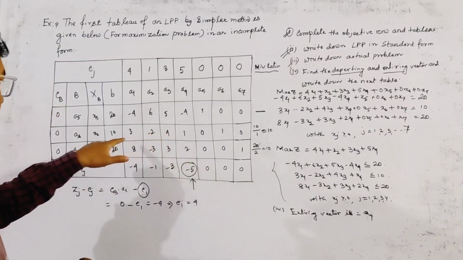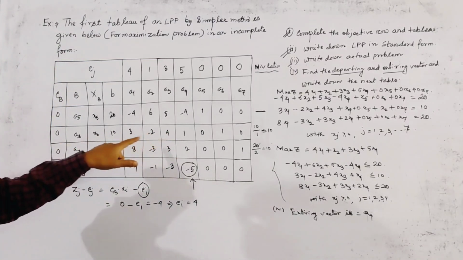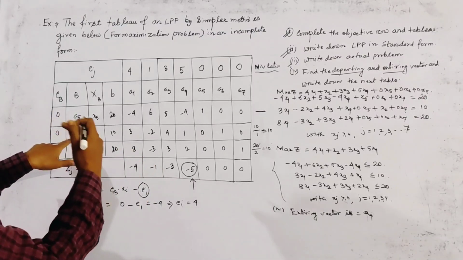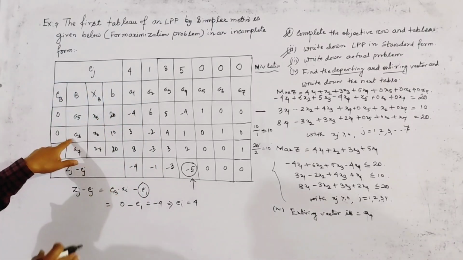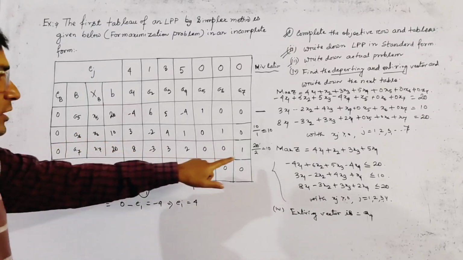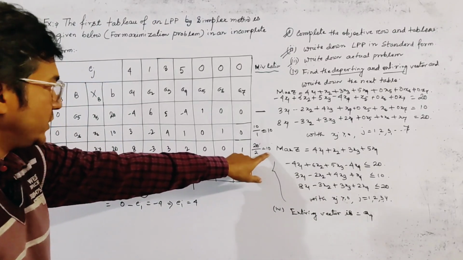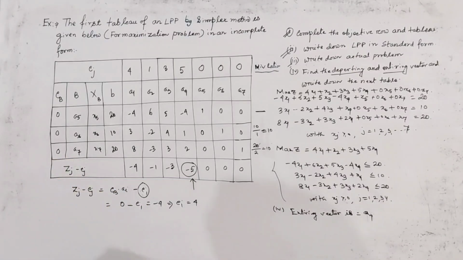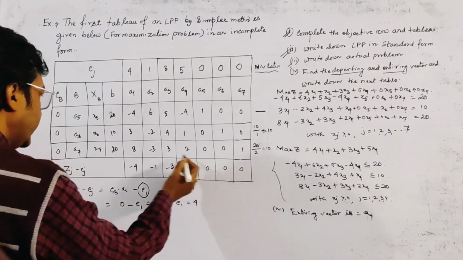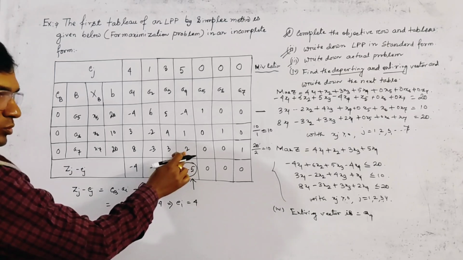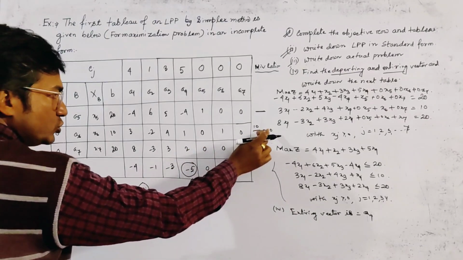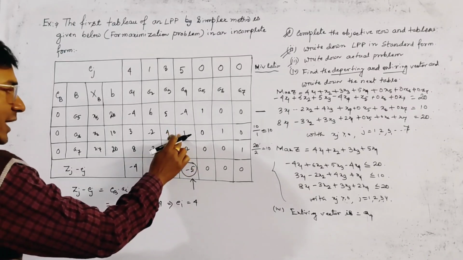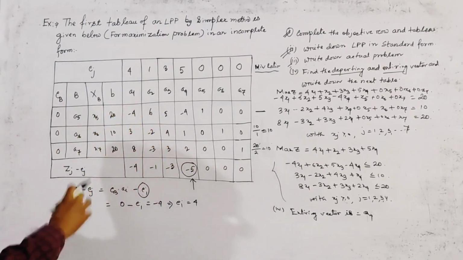Okay, so we can choose any one of the rows. We can choose this second row, that is A6, as the departing vector, or here is also 10, so we may choose A7 as the departing vector. But if we choose A7, then the key element is 2, and if we choose A6 as the departing vector, 1 is the key element.